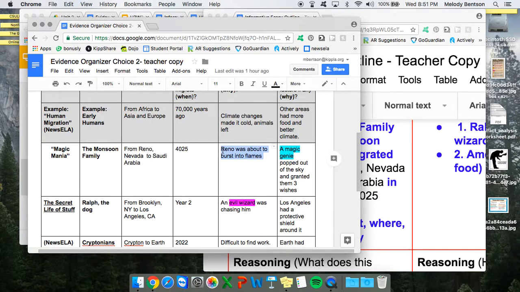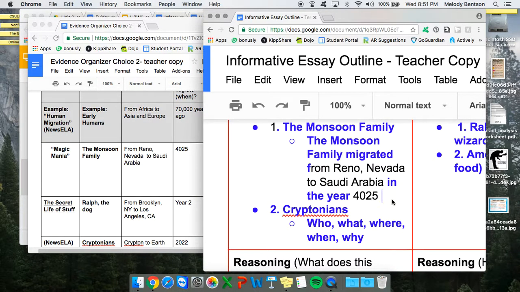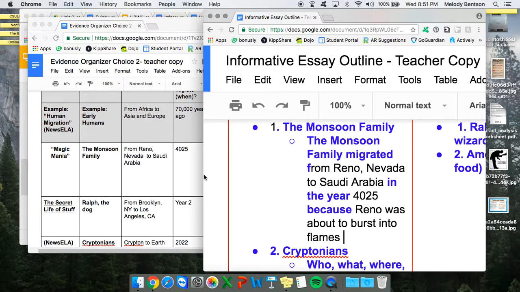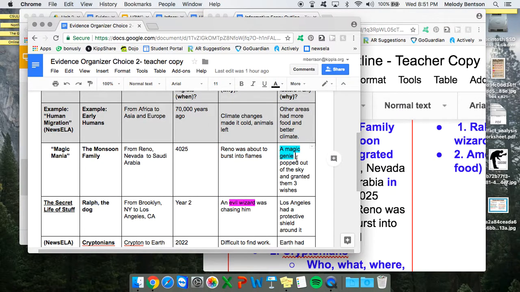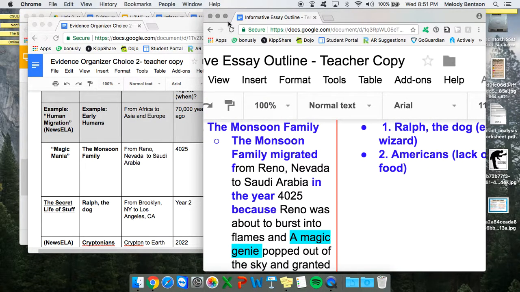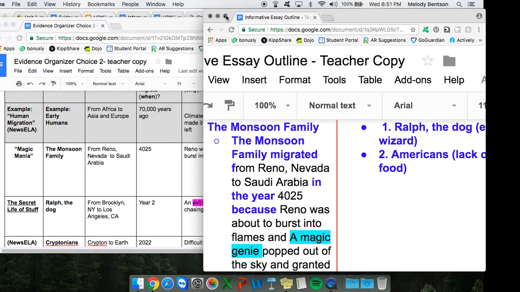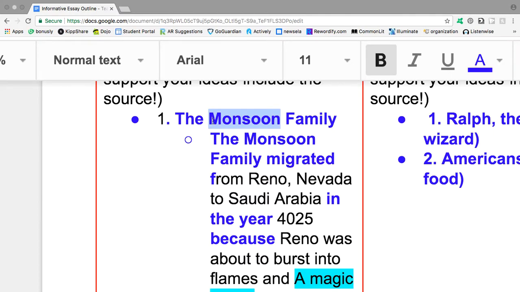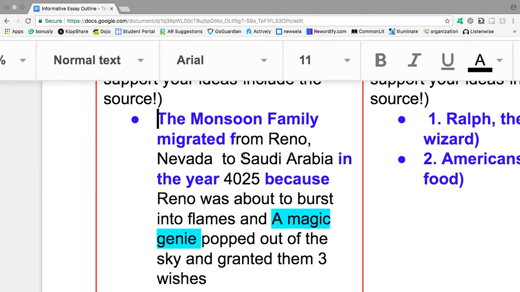So when I start with a when or a why, I'm going to say because Reno was about to burst into flames and a magic genie popped out of the sky and granted them 3 wishes. So now I have a full sentence, which means I can take out this jot that I made, and now here's my evidence.